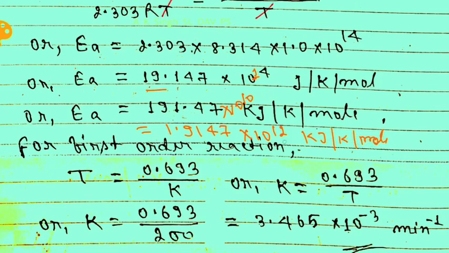So you write EA is equal to 1.9147 into 10 to the power 12 kilojoule per Kelvin per mole.